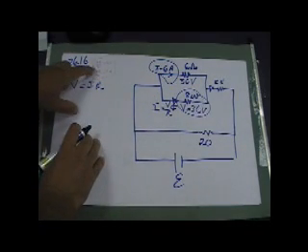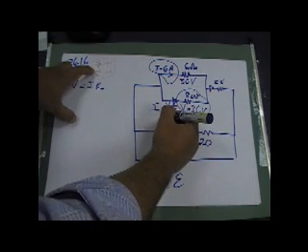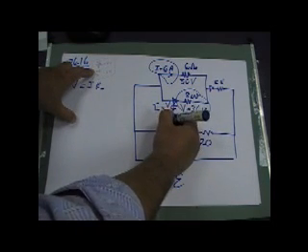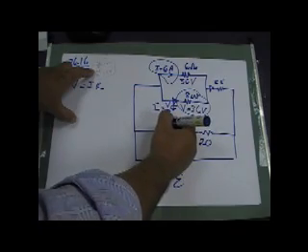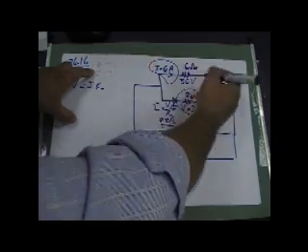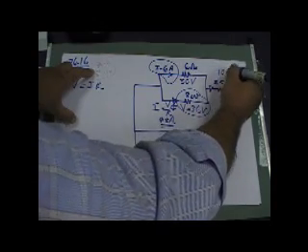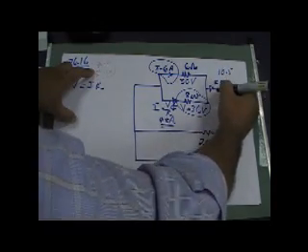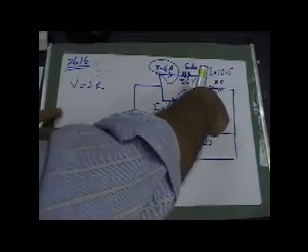Sorry, the current here is 4.5, I believe, if I'm not mistaken. So if the current here is 4.5 and you have 6, that means the total current is equal to 10.5. So the current here I is equal to 10, and then I can find the voltage here also.